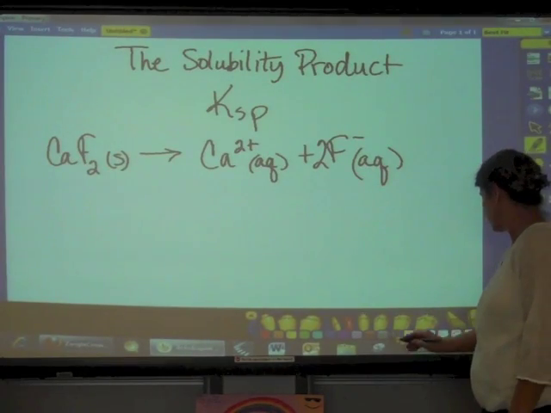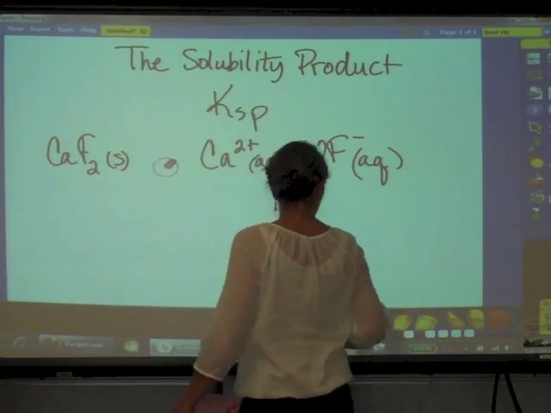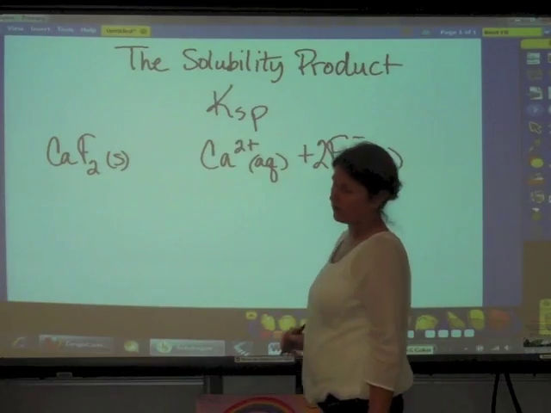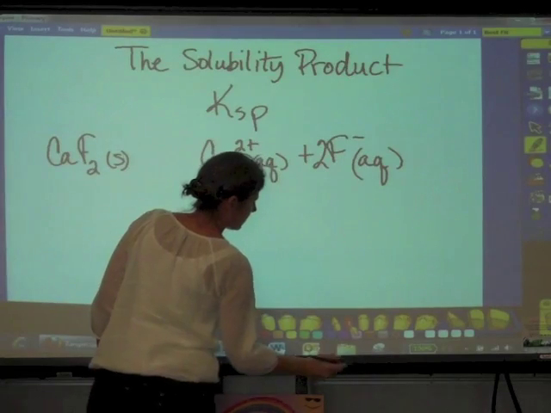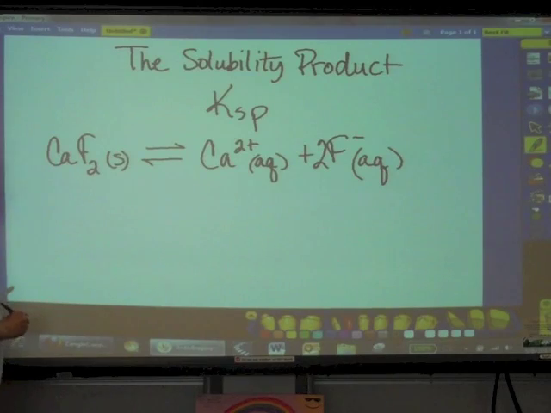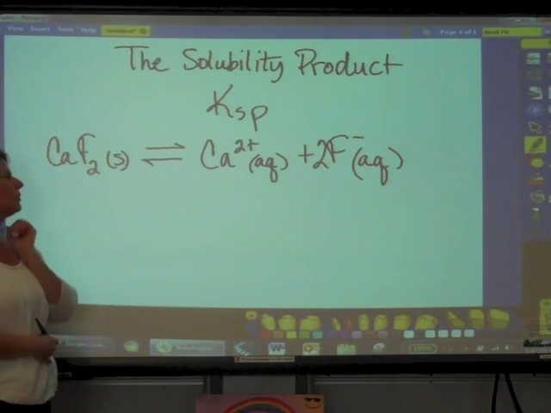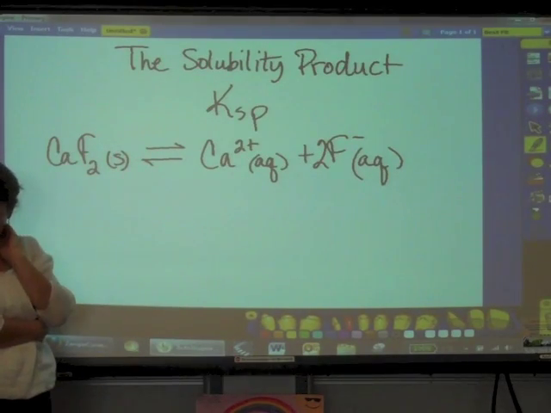And so we're going to refine our thinking about solubility to reflect the fact that it is actually an equilibrium position. And so what we have to think about in terms of dissolving now is that when this reaches equilibrium, no more of the solid will dissolve.